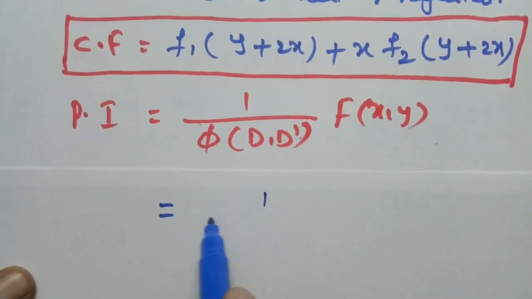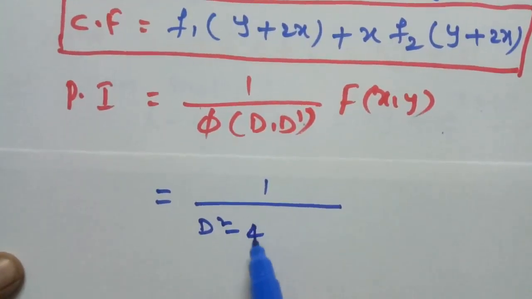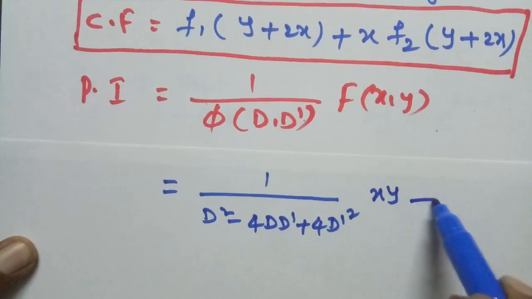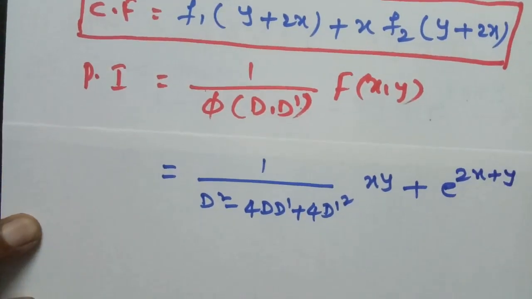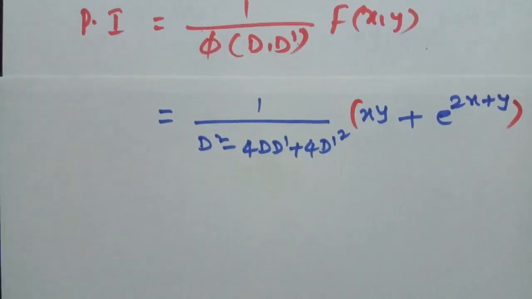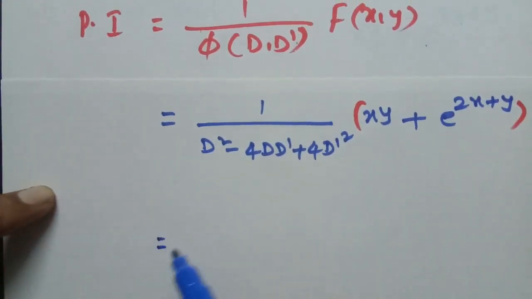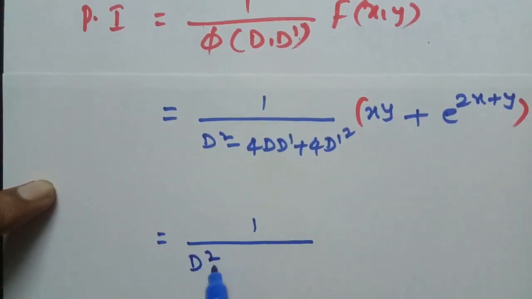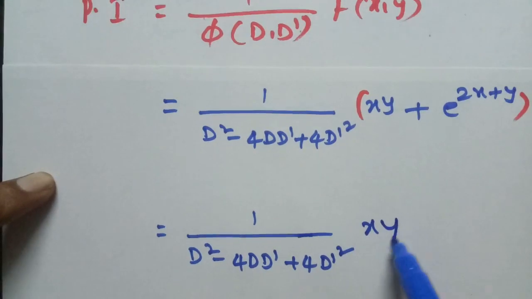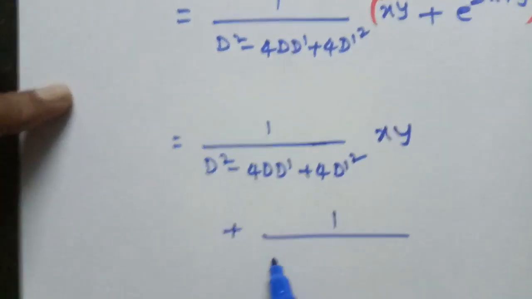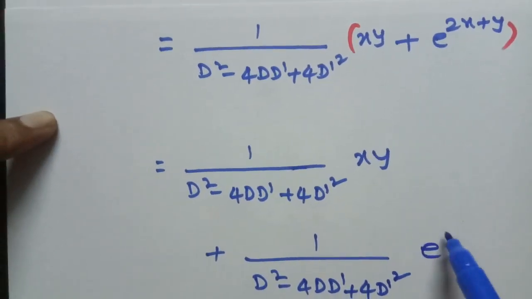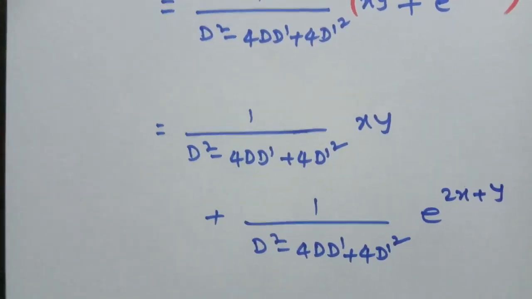This is equal to 1 by (D² minus 4DD' plus 4D'²) into (xy plus e^(2x+y)). Therefore, this is 1 by (D² minus 4DD' plus 4D'²) into xy plus 1 by (D² minus 4DD' plus 4D'²) into e^(2x+y).